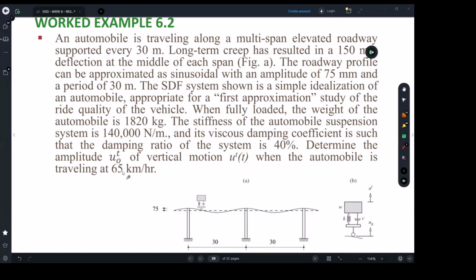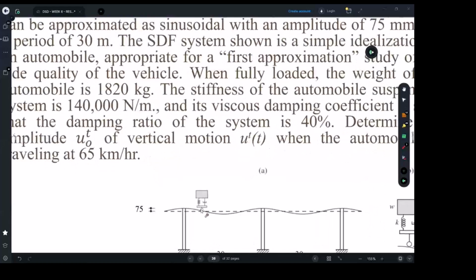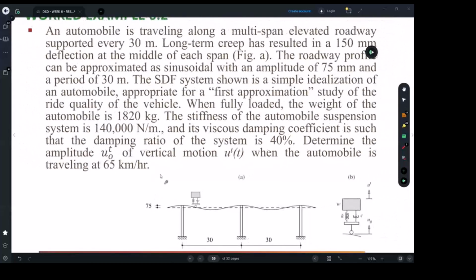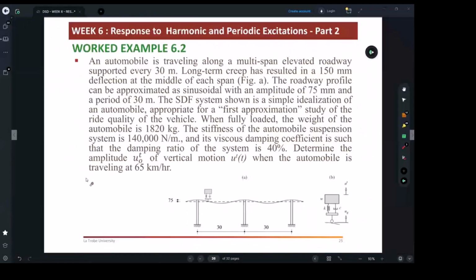When the vehicle is traveling at 65 kilometers per hour. So basically, they want you to find the amplitude of the vertical motion when the automobile is traveling at 65 kilometers per hour.